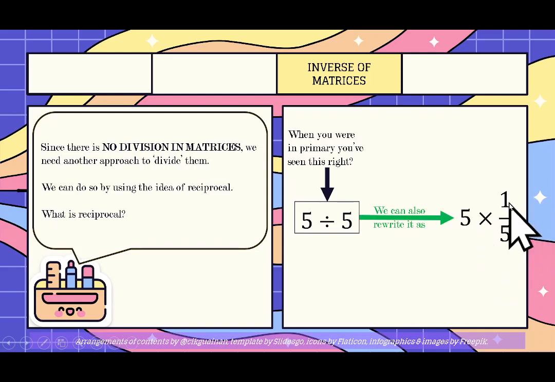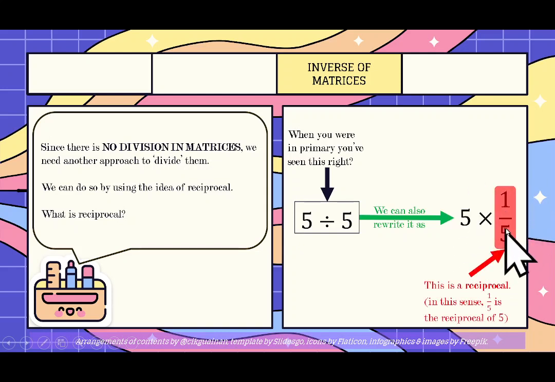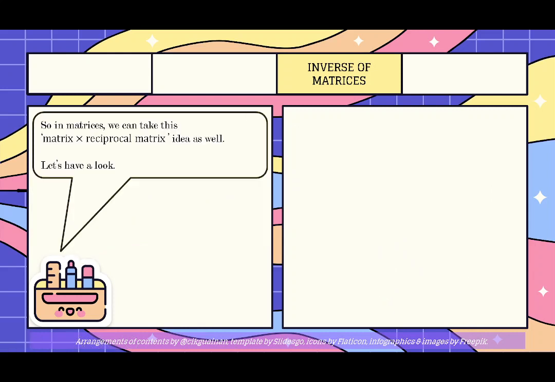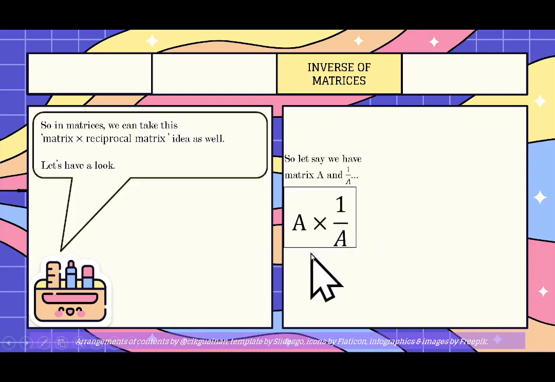So over here, 1 over 5 is the reciprocal for the number 5. By implementing the same idea into matrices, we can write like this: a matrix A multiplied by 1 over matrix A.